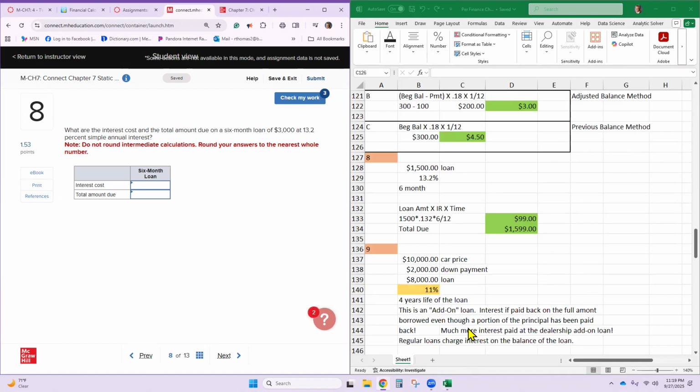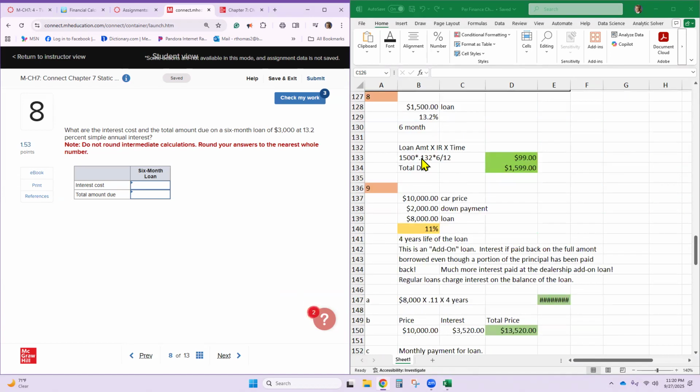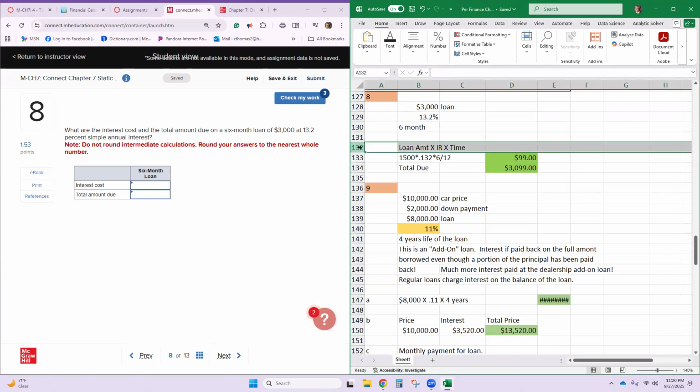Well, let me pull this up here. We're looking at a $3,000 loan. We're looking at 13.2%. We're looking at 6 months. So loan amount times interest times time. That's how you figure interest. This is the interest formula.